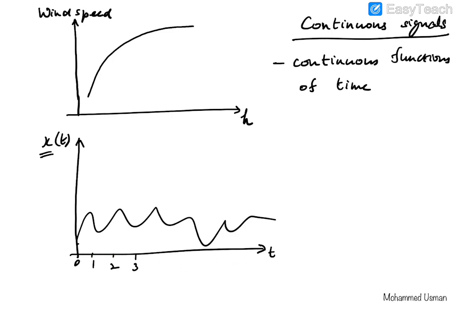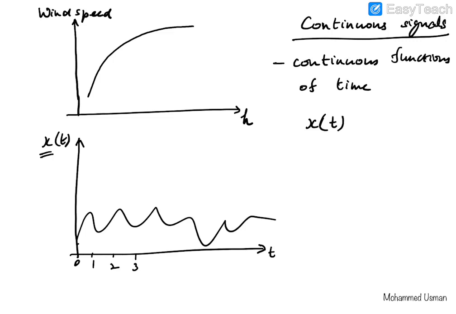And the general notation that we will use throughout this course to represent a continuous signal is as some function of time. So we'll have these parentheses. So that's the general notation. Any variable, we can call this x or y or v, but it will be a function of time within round brackets or parentheses.